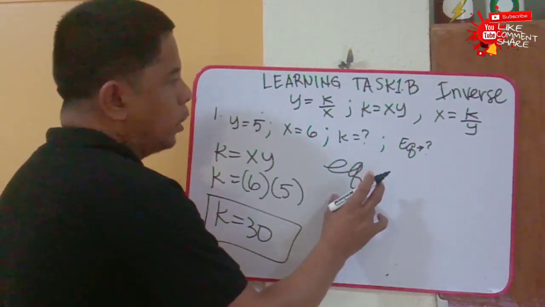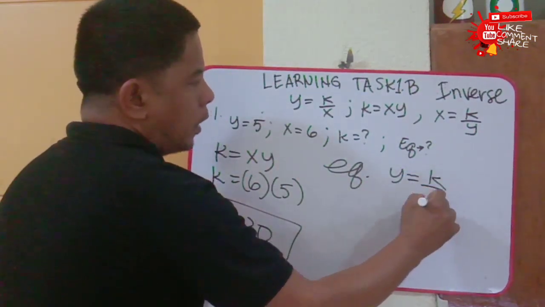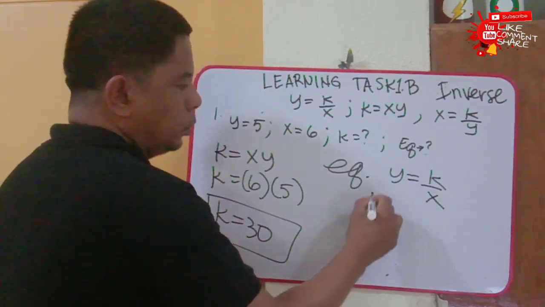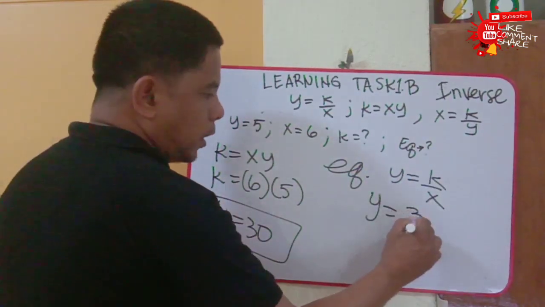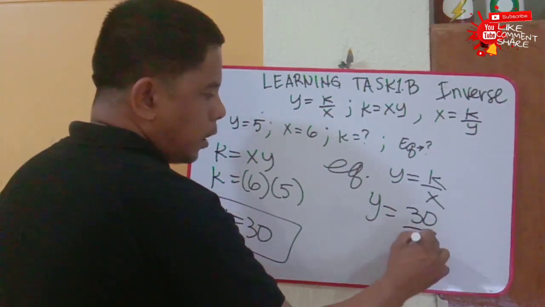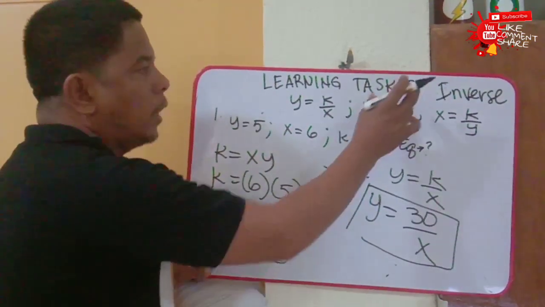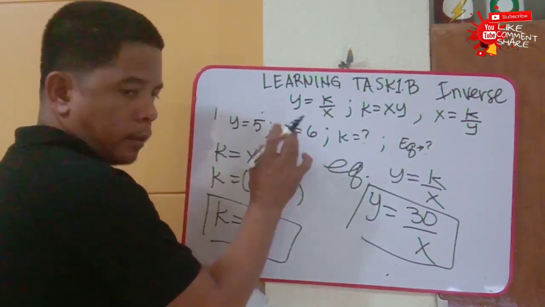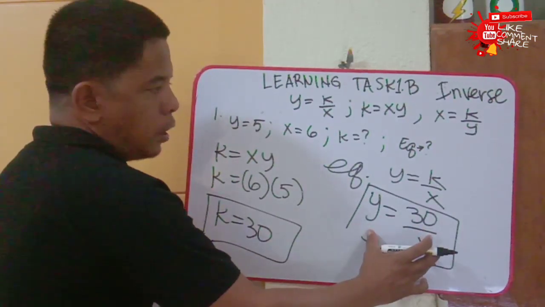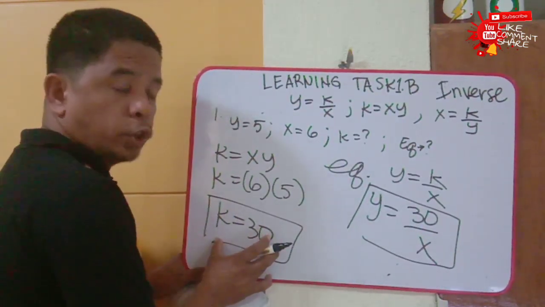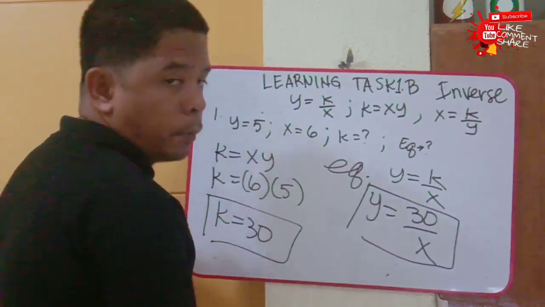The equation is y equals k over x. Substitute: y equals, what is the constant? That is 30 over x. So, ito po yung learning task 1B number 1. Hinahanap ay k at saka equation. So, k equals 30 and the equation is y equals 30 over x.